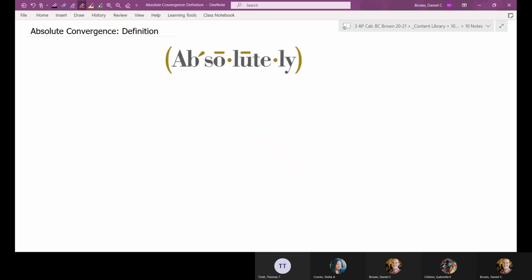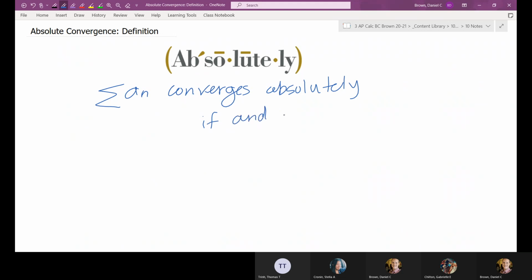We're going to say some series converges absolutely if and only if the series with the absolute value of the terms also converges.